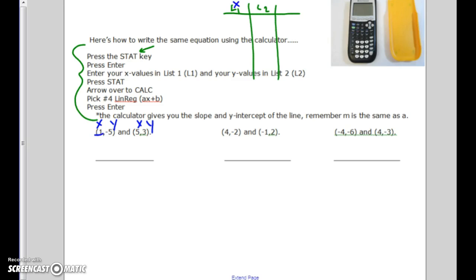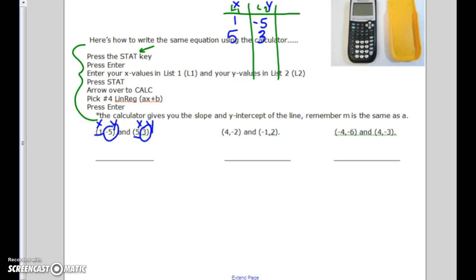So you're going to put a 1 and a 5. 1, enter. 5, enter. Then arrow over using the gray arrow keys and plug in your Y values. Make sure you line them up with the correct point. The first one is a 1, so I need to plug in a -5. My second one that goes with the 5 is the 3.